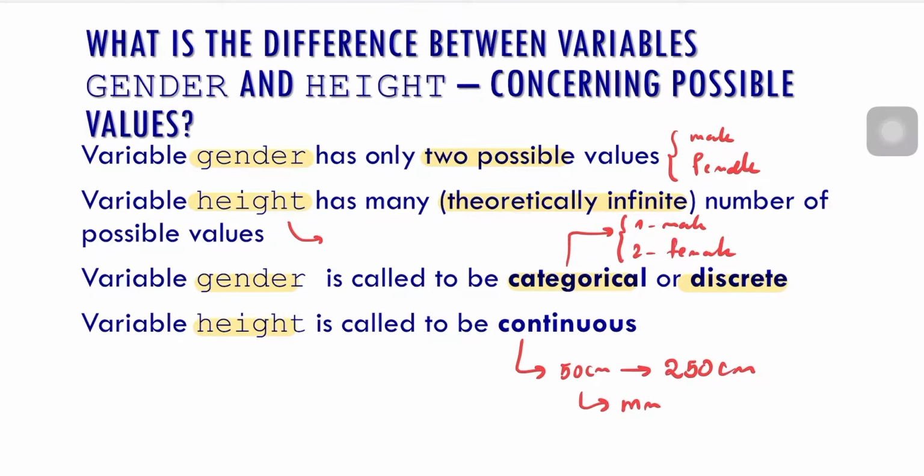For example, 185.3 and 185.1 centimeters are different values of height.